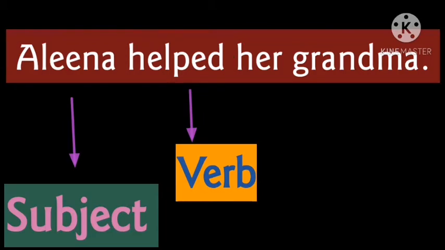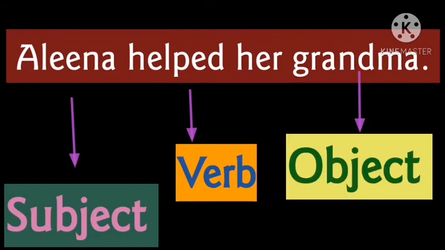Then, next comes the object. What is the object of the sentence? Whoever or whatever receives that action is the object. Here, who is receiving the action? Yes, grandma is receiving the help from Alina. So here, grandma is the object.